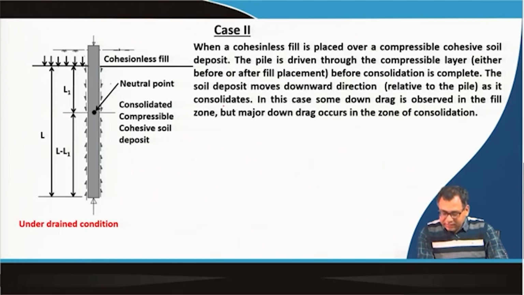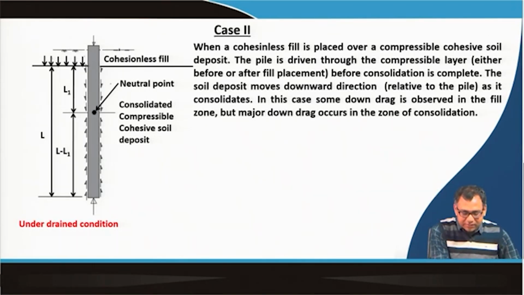In this case, some down drag is observed in the fill zone, but major down drag occurs in the zone of consolidation. As I mentioned, there will be a downward movement in the fill zone, but that is not significant compared to the down drag observed in the compressible clay layer. That will give most of the negative skin friction. You can see this is the total pile length.